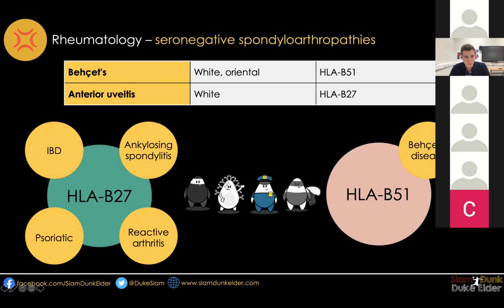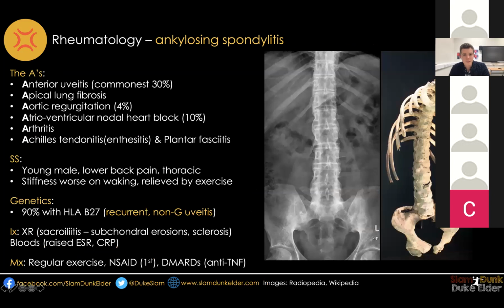And I put our heroes of the immune system here because once again, we need to remember that this is a dysregulated immune response as well as an autoimmune process, okay? Ankylosing spondylitis, okay, classically affects young males, technically in their 20s to 30s.